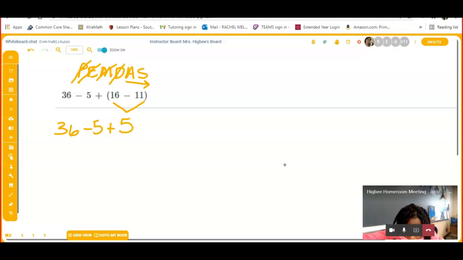I apologize if I confused you. It's not that addition is always first. If you have both, you go left to right. So in this problem, subtraction is on the left, so I actually need to do the subtraction first. What is 36 minus 5?